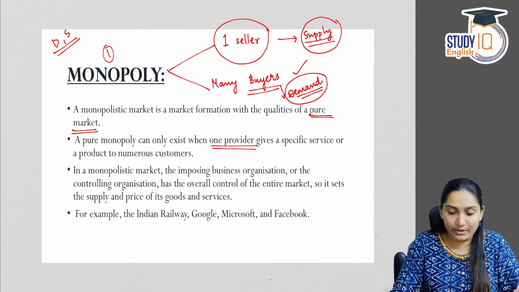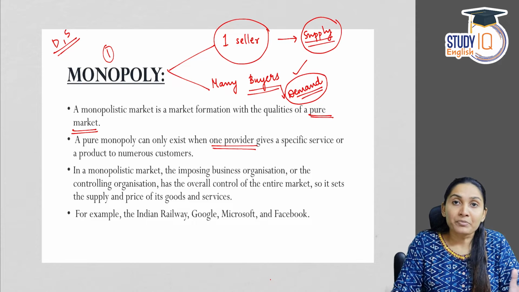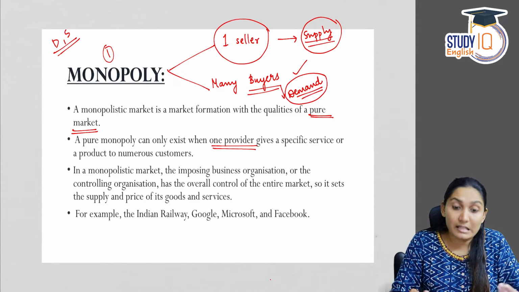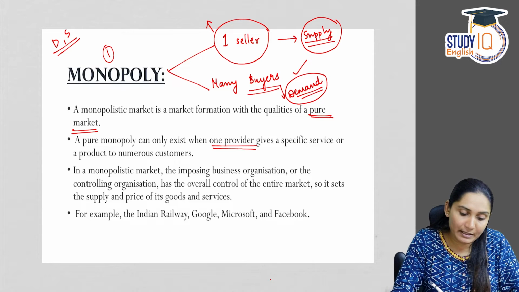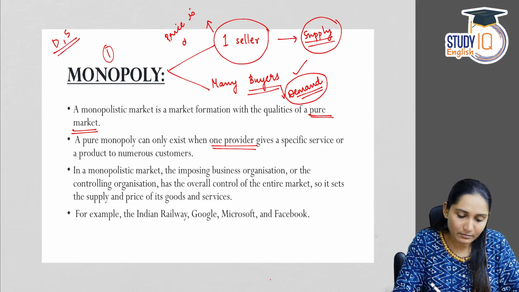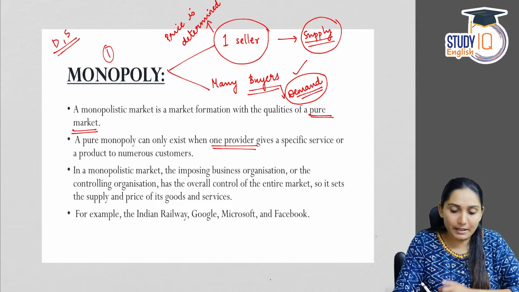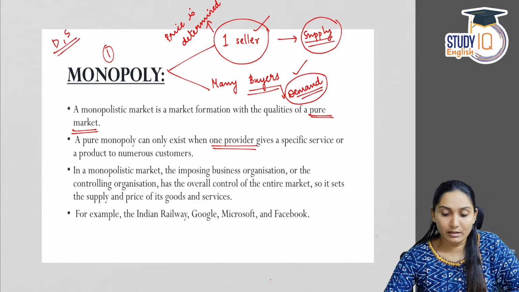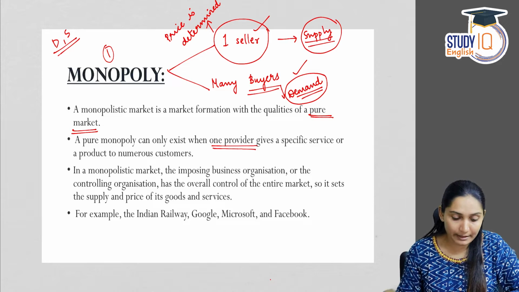Since supply is restricted and demand is very high, the price maker or the price determiner is the seller. Price is determined by the one seller existing in the market. Now there are many buyers in the market.